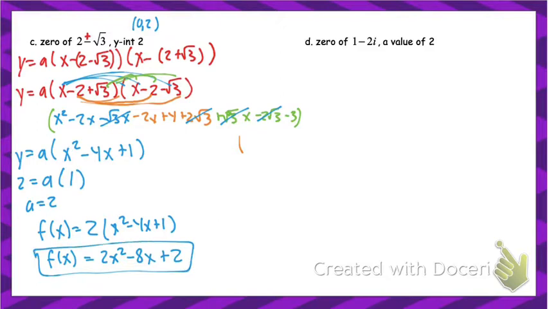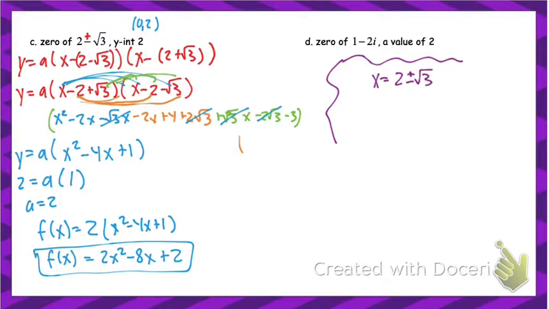Now, there is another way to get to this answer without going through all of that work. Another way that we can look at this, I'll go ahead and work this out over here on the side. So this is not the answer for D. This is just an alternate way to get this answer. If I know that 2 minus root 3 is a 0, I'm going to work a little bit backwards here. That means that x equals 2 plus or minus root 3 are solutions to that polynomial.